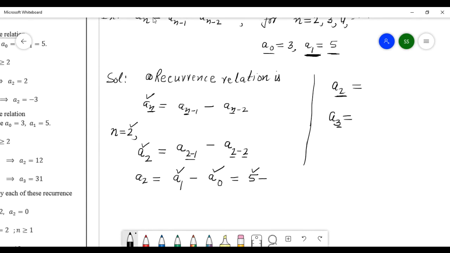And minus a_0, and a_0 is given in the question: a_0 equal to 3. So this equals 5 minus 3 equal to 2. So a_2 equals 2.